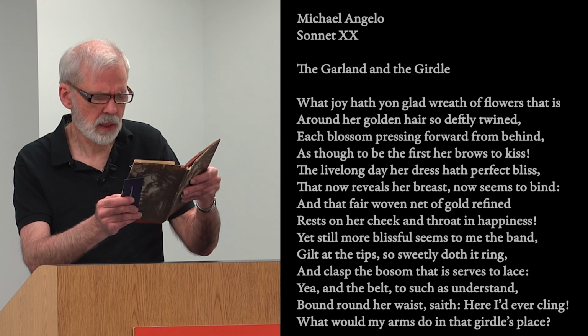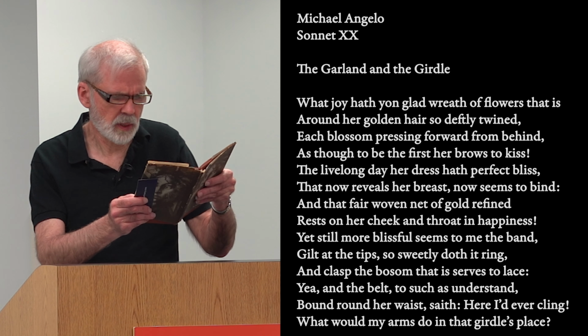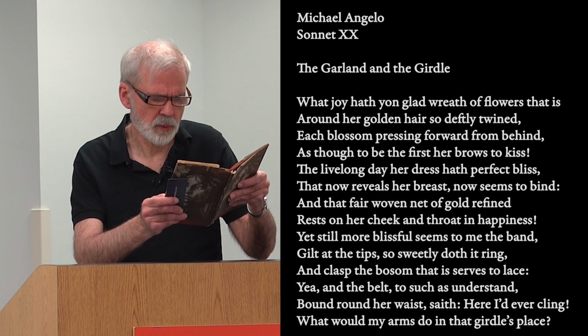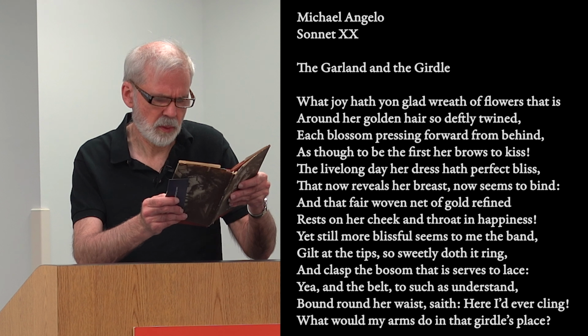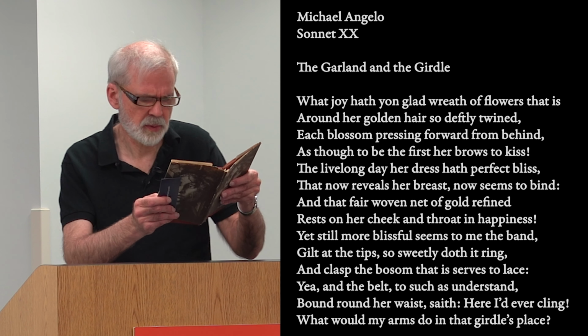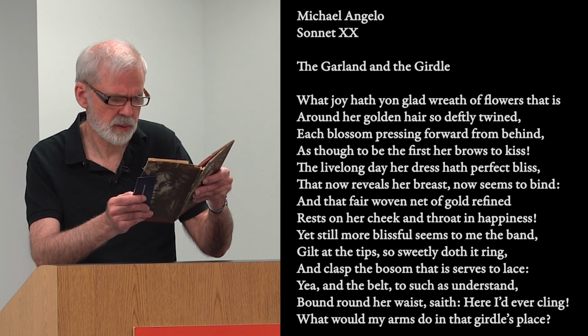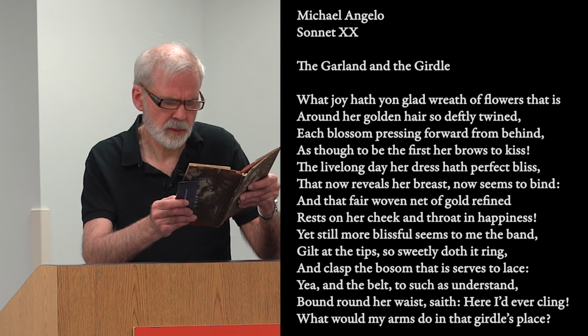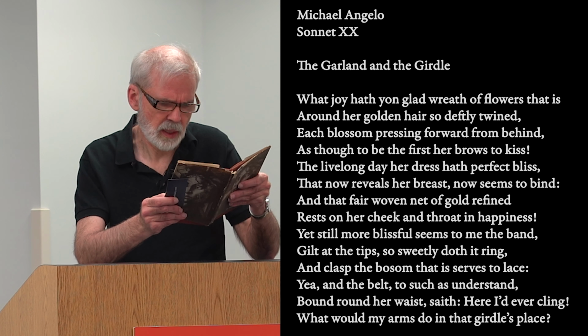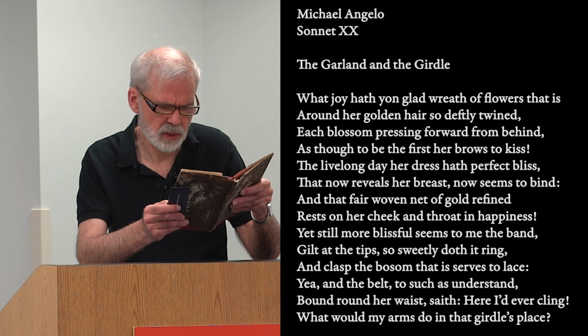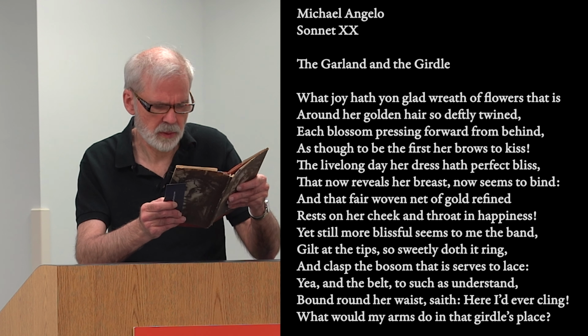It's called The Garland and the Girdle. What joy hath yon glad wreath of flowers that is around her golden hair so deftly twined, each blossom pressing forward from behind, as though to be the first her brows to kiss. The livelong day her dress hath perfect bliss, that now reveals her breast, now seems to bind, and that fair woven net of gold refined rests on her cheek and throat in happiness.